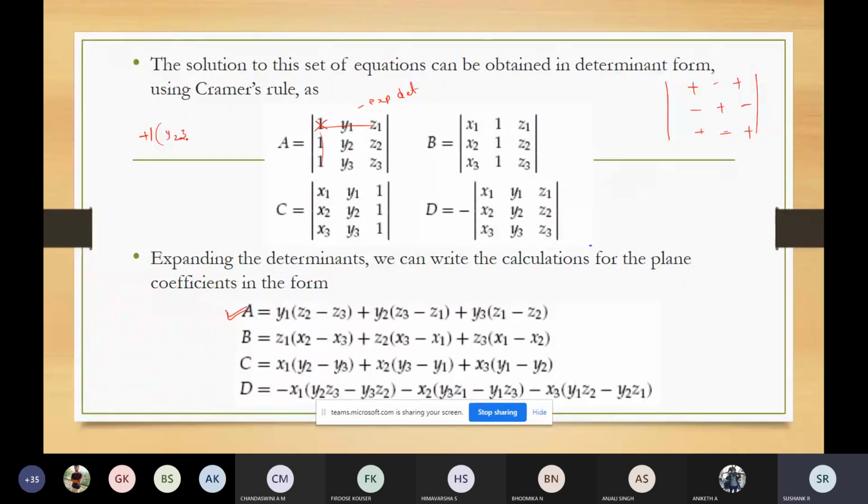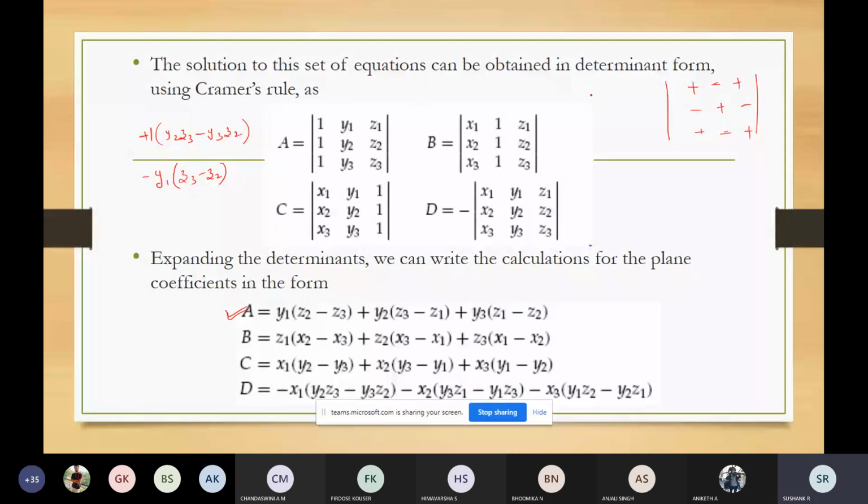Going from this row to this row, it will be minus y3 z2. Then the second part is y1, which should be minus, so minus y1 into, cancelling this part, 1 into z3 minus z2.